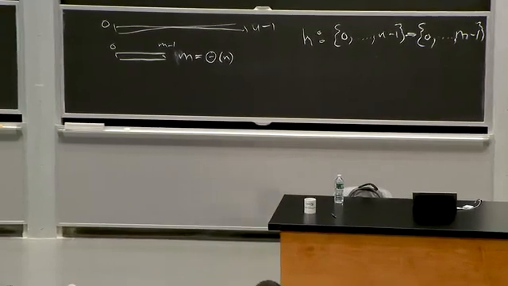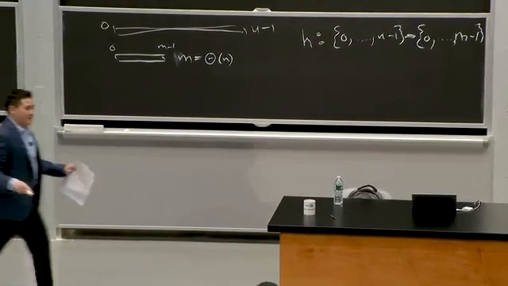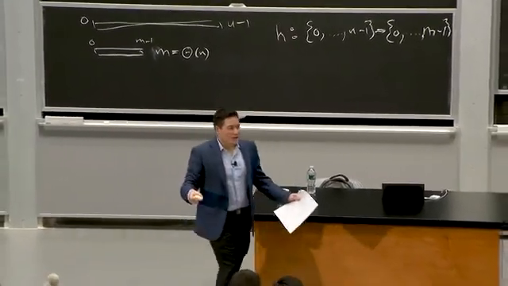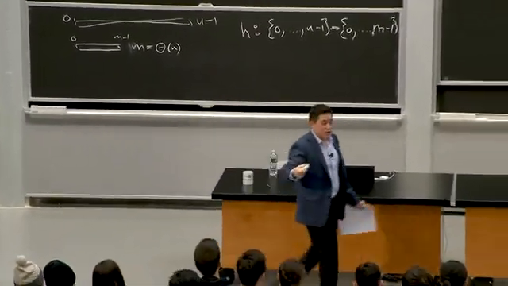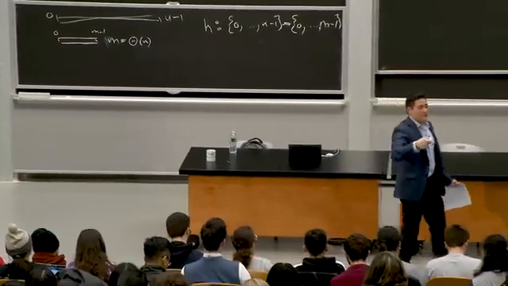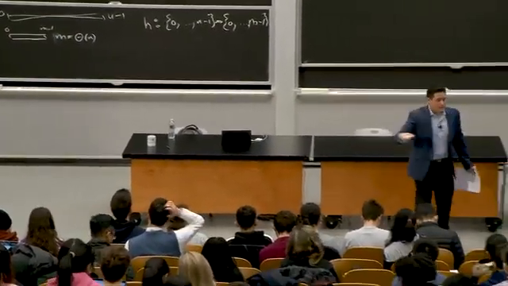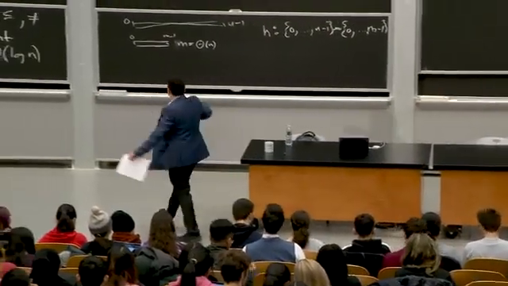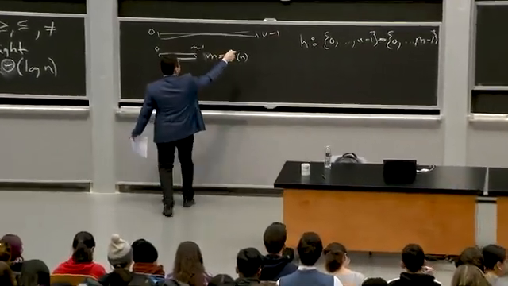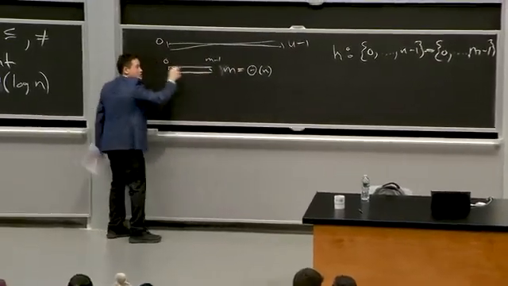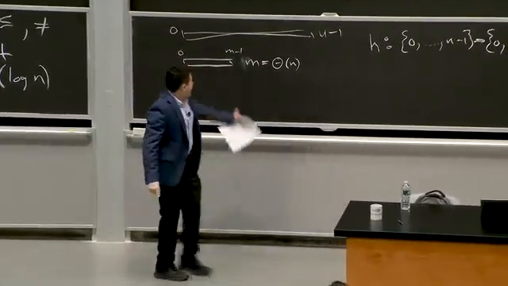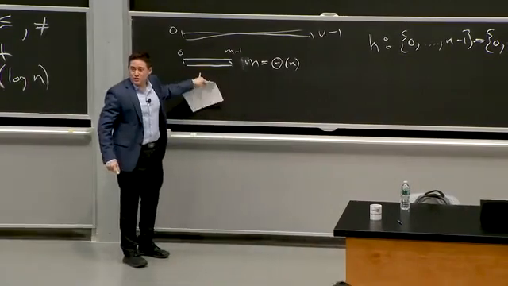Sure. Oh, your colleague comes up with the question I was going to ask right away, which was, what's the problem here? The problem is the potential that we might have to store more than one thing at the same index location. If I have a function that maps this big space down to this small space, I've got to have multiple of these things going to the same places.